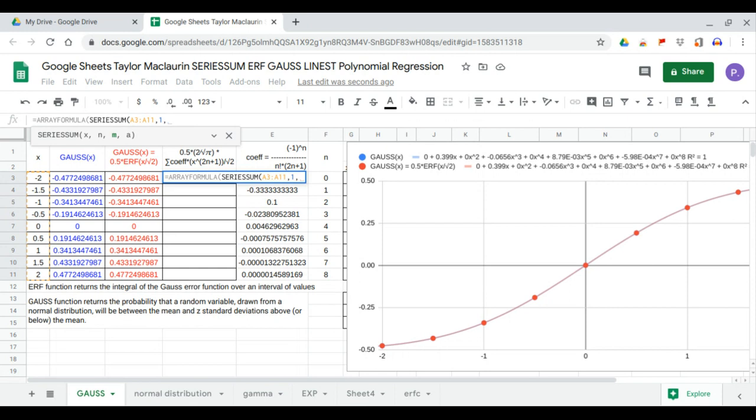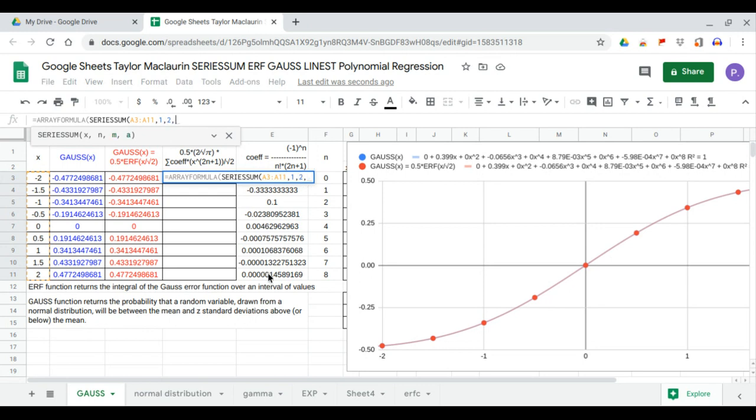Followed by the value of m, the increment. So next value will be 2 times 1 plus 1. So 2 plus 1 is 3. So from 1 to 3 to 5. So the increment is 2.